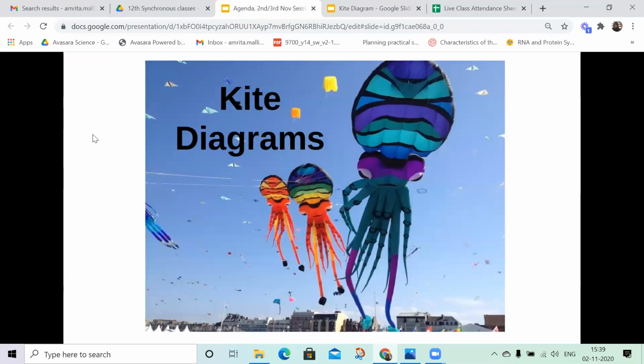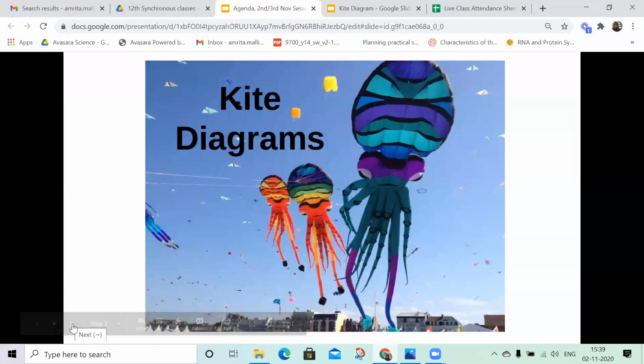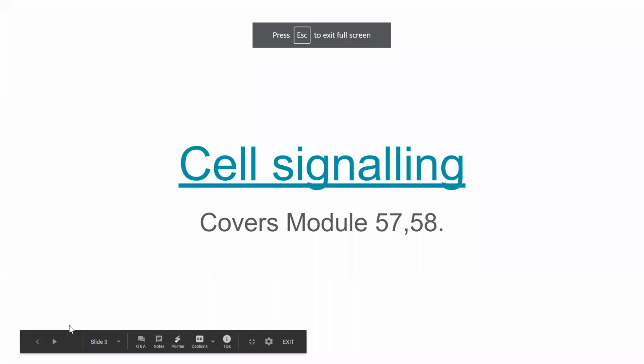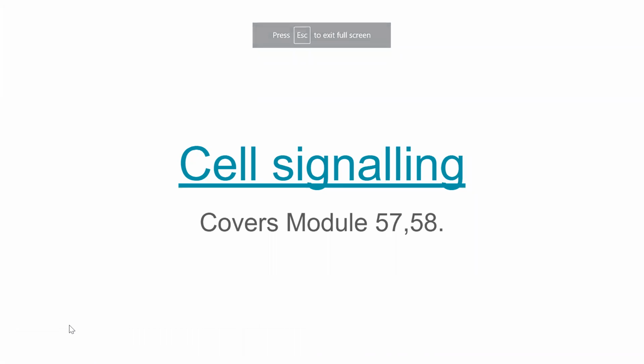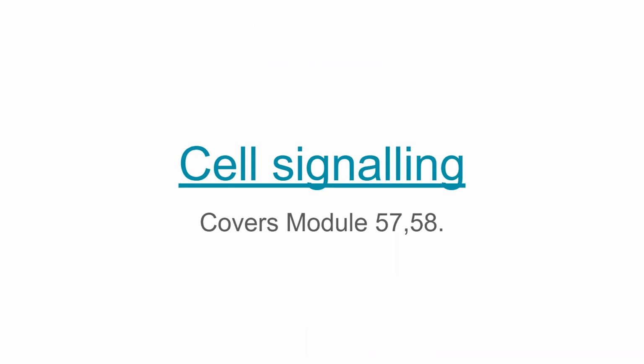The next thing in our agenda was discussing about cell signals. We have about 20 minutes for that. So I just wanted to remind you that cell signaling is from unit 4 of your AS level, and I had added this in your revision of module 57 and 58. So after this class gets over, there are two things that you have to remember.